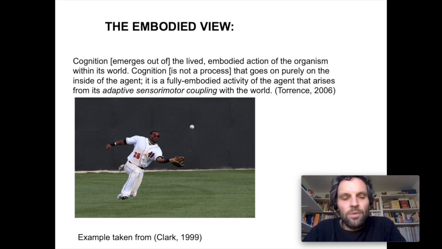Then the traditional cognitive theory would say, okay, so the mind of the outfielder inside his or her head is looking at the ball and has to project where the ball will land and then has to decide how to move their body to end up exactly at the right spot where the ball will be low enough to catch, right?